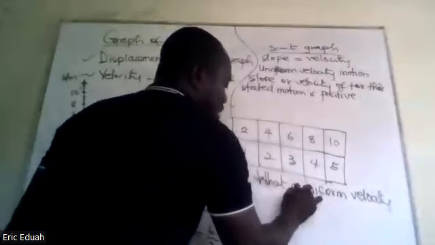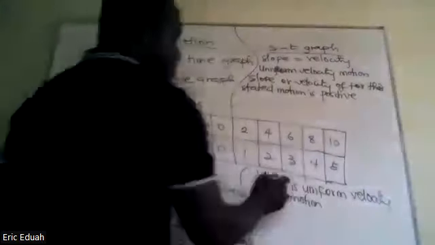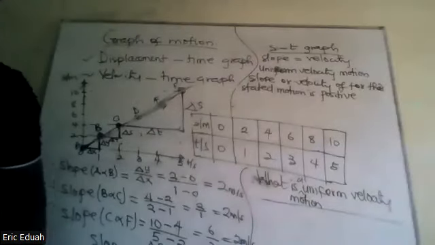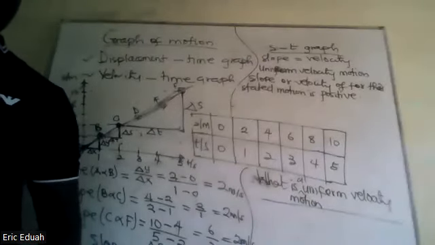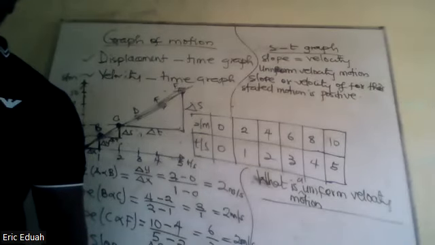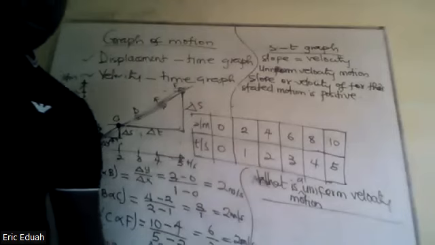Bedu, I want you to try. What is a uniform velocity motion? Bedu, try. It is when the slope, like, they are the same.